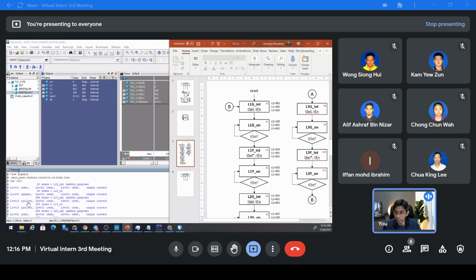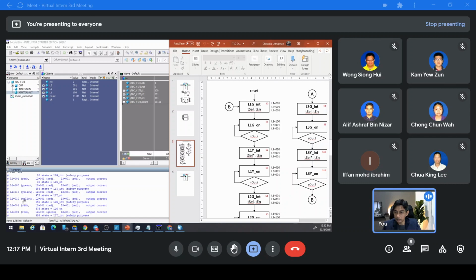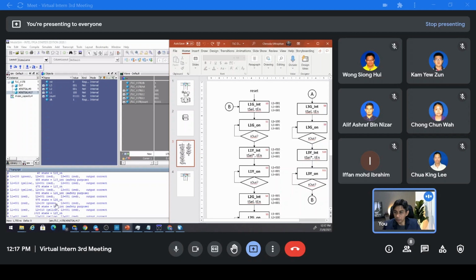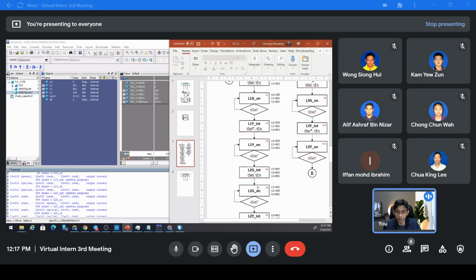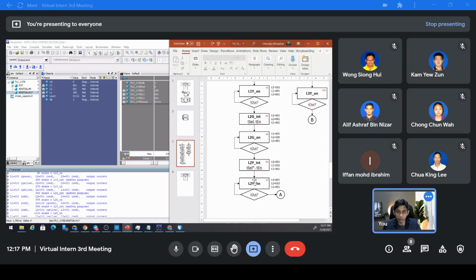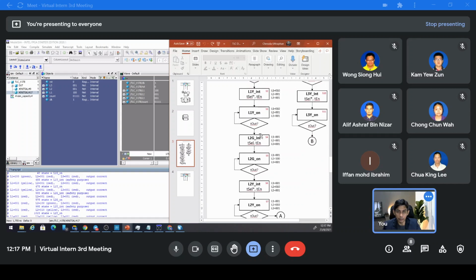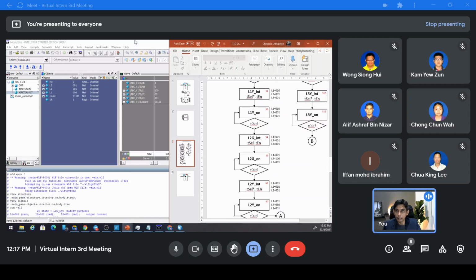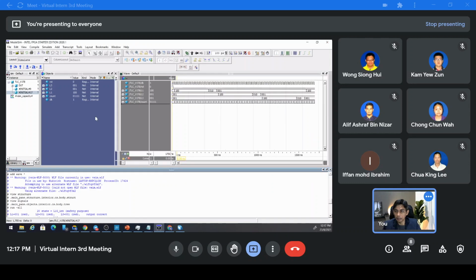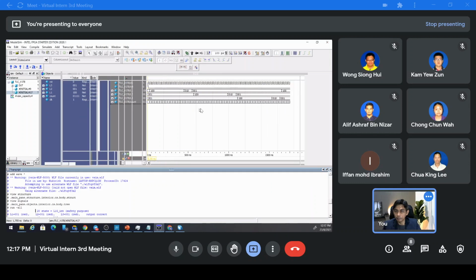And now L1 yellow, still red. All right, and because this is the initialized part, this is still yellow, red, red, and then we have all red for safety before L2 turns to green. So here, L2 turns to green, and so on. So all the outputs are correct, and we can see actually in here.